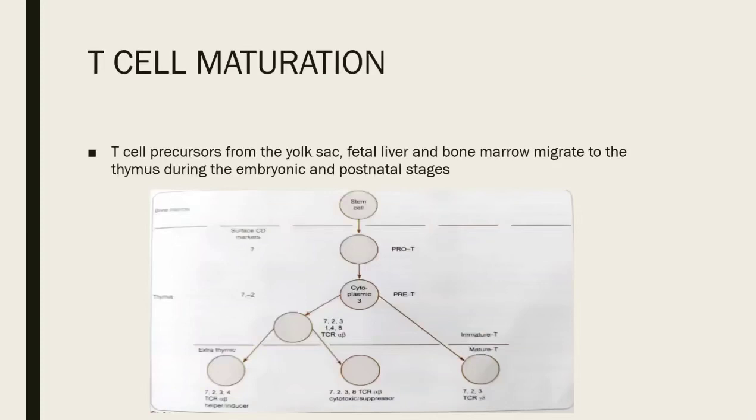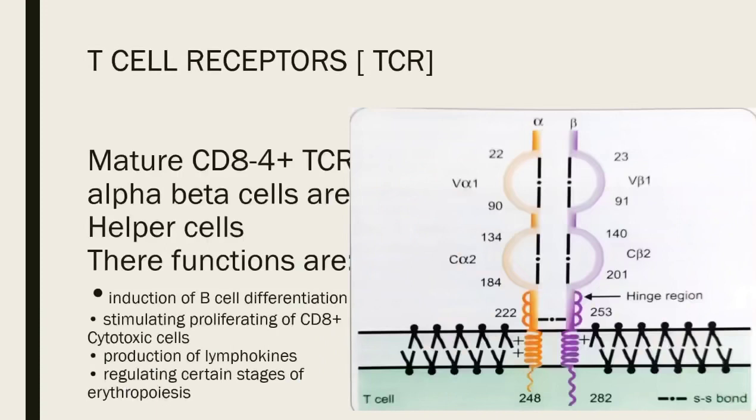Now T cell maturation. T cell precursors from the yolk sac, fetal liver and bone marrow migrate to the thymus during the embryonic and postnatal stages. So here are the stages of T cell maturation. You can draw this chart and show the T cell maturation processes in detail. Now T cell receptors.